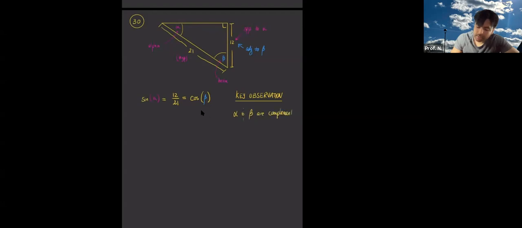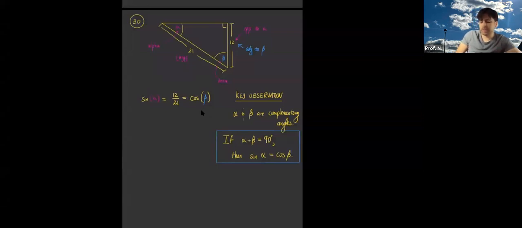What that means is they add up to 90 degrees, or pi over 2 radians. So if that's the case, if alpha plus beta equals 90 degrees, then what? Then sine of alpha equals cosine of beta. That's a pretty big truth.